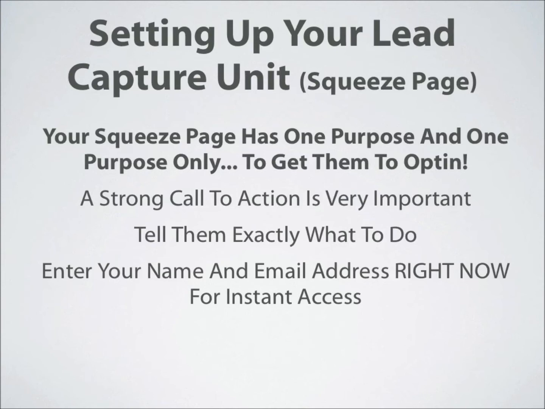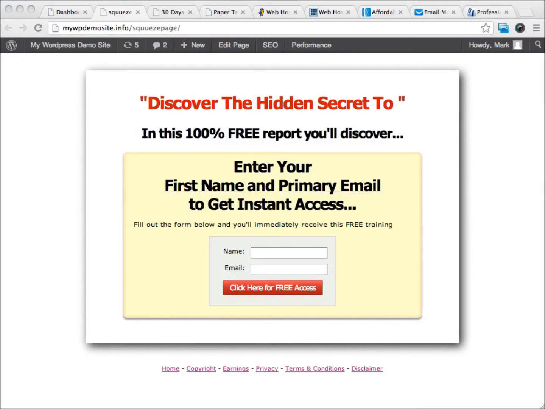Tell them to enter your name and email address right now for instant access. So let's take a look at this squeeze page once again. What's absolutely important is that we have our headline up top. Under our headline, we're either going to have a subhead, a paragraph, a couple of bullet points, or just a few words like I have right here. Up top, we tell them they're going to discover the hidden secret to losing 5 pounds in only 5 days.